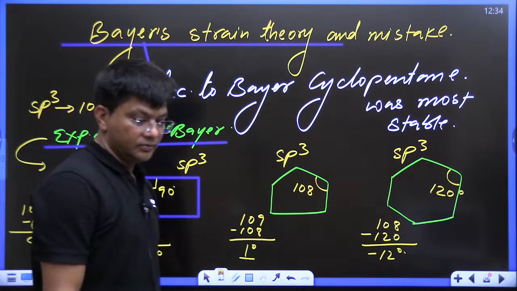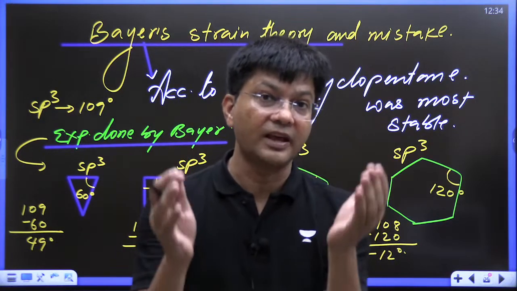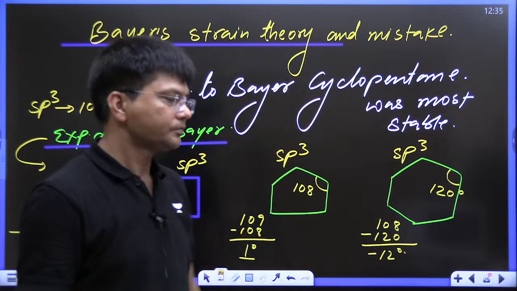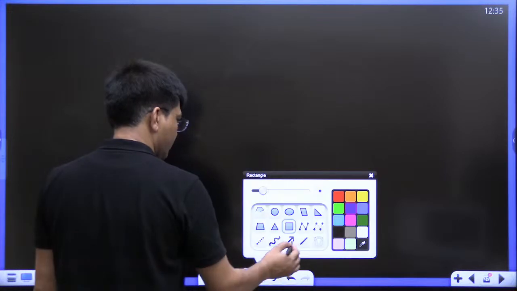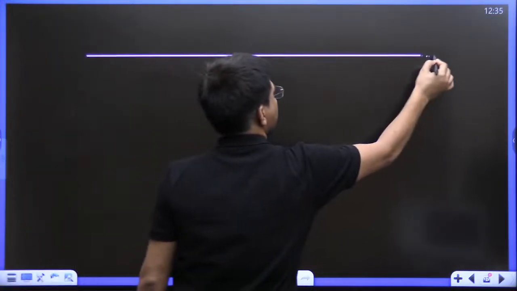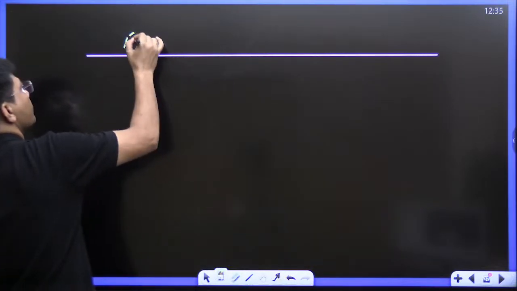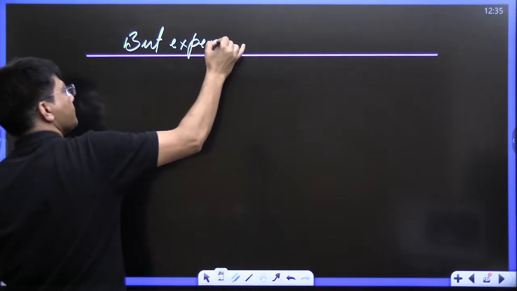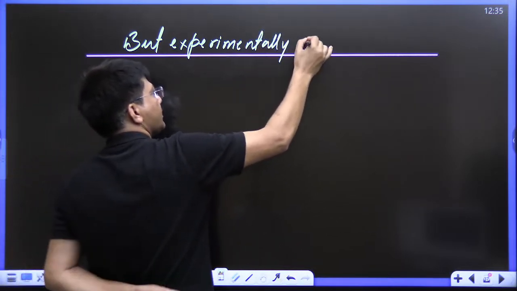But a number of experiments have been carried out, and those experiments say that cyclohexane is more stable. Practically, experimentally, that is true.